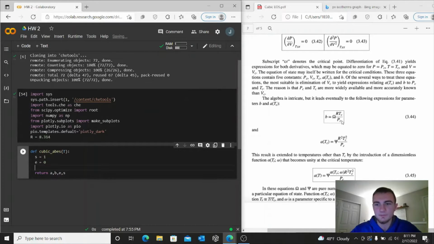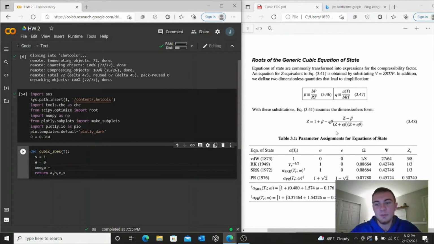Okay, so now let's look at our B parameter first. This B parameter equals this expression here: omega times R, the ideal gas constant, times the critical temperature, divided by the critical pressure. We'll first start with omega because we don't know what omega is, but we have omega in this table down here for the SRK equation.